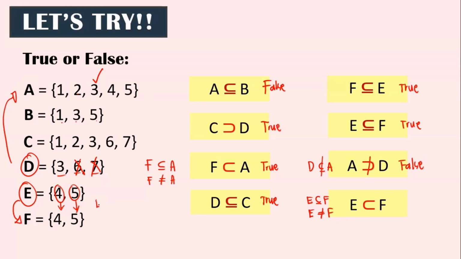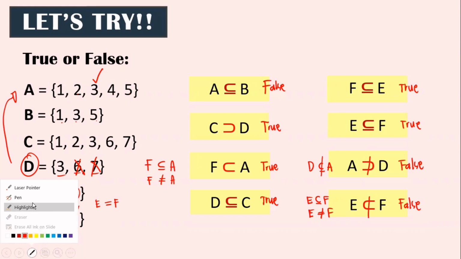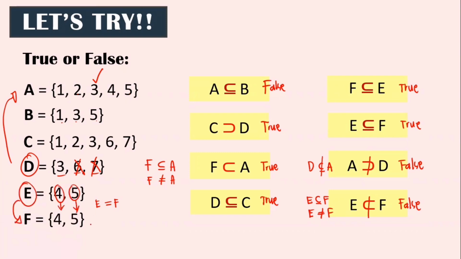Therefore, itong E is not a proper subset of F. So, this is false. So, para masabi natin na yan ay proper subset, dapat there's at least one element na meron dito kay F, let's say 6, para masabi natin na ang E is a proper subset of F. Kasi kapag equal set siya, hindi siya proper subset. So, dapat at least meron kang isang element na madadagdag kay F para masabi natin na proper subset siya.